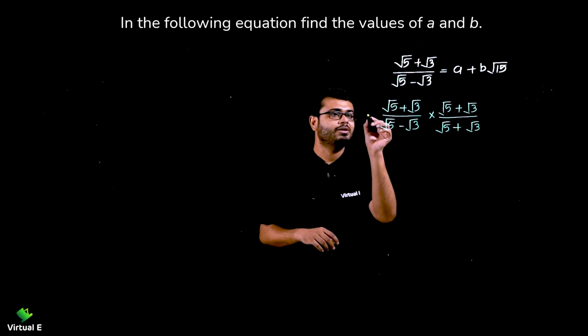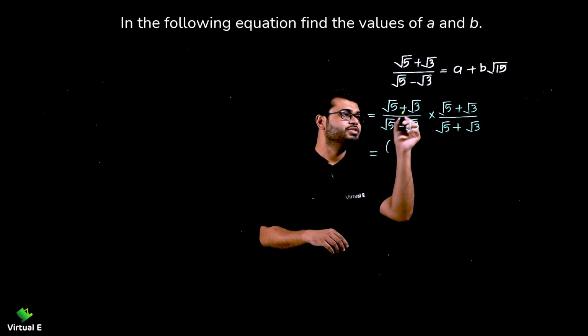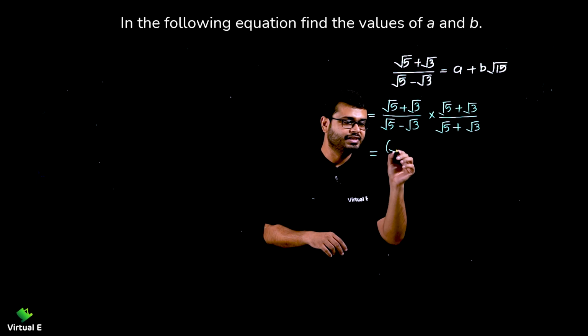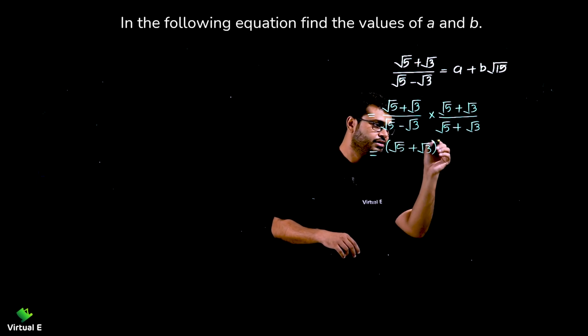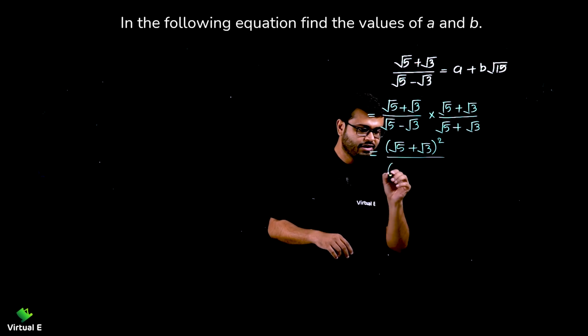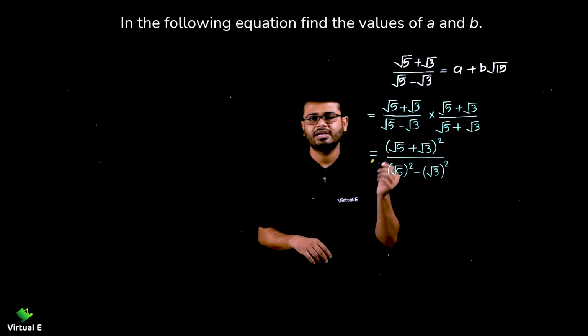That being done, now let's multiply and find the product. Here we can see root 5 plus root 3 times root 5 plus root 3, so identity: root 5 plus root 3 whole square, and denominator root 5 square minus root 3 square, identity here as well.